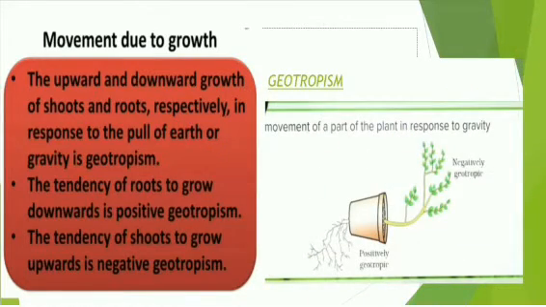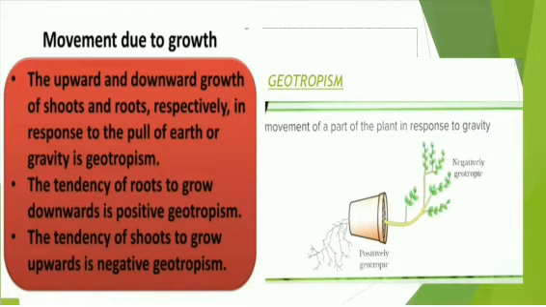The second tropism is geotropism. The upward and downward growth of shoots and roots respectively in response to the pull of earth or gravity is geotropism. The tendency of roots to grow downwards is positive geotropism, and the tendency of shoots to grow upwards is negative geotropism.